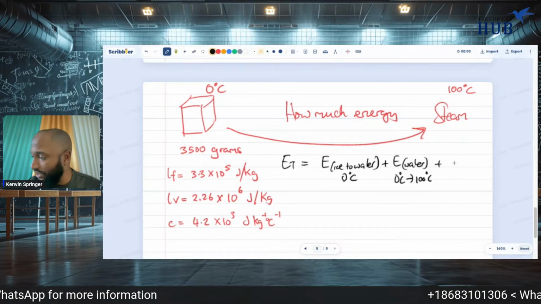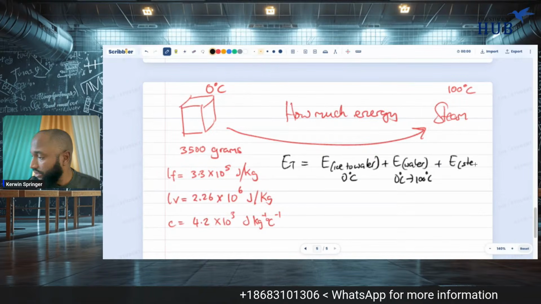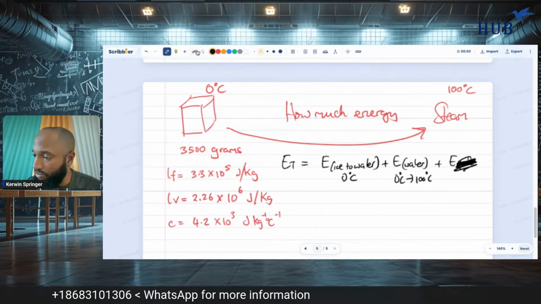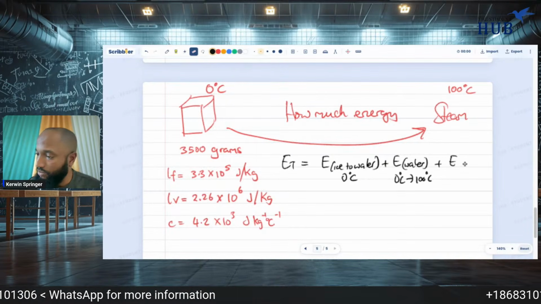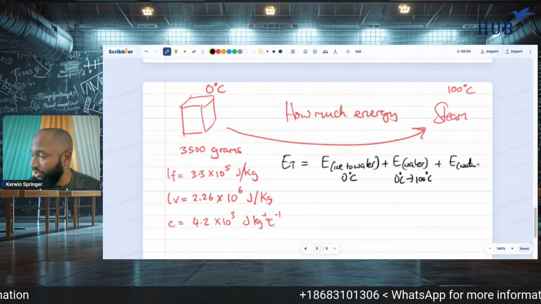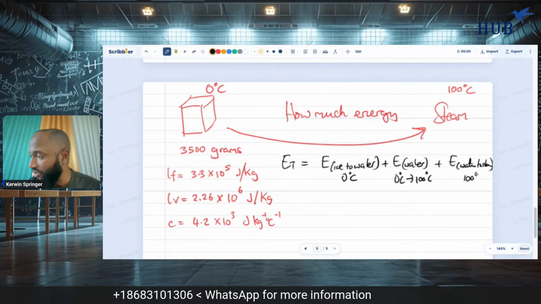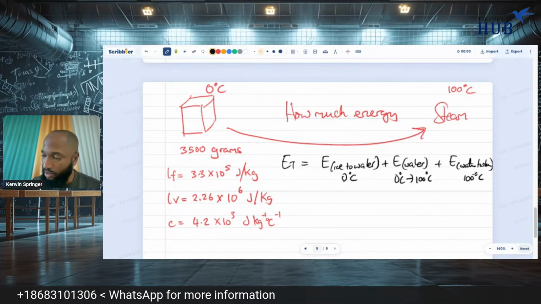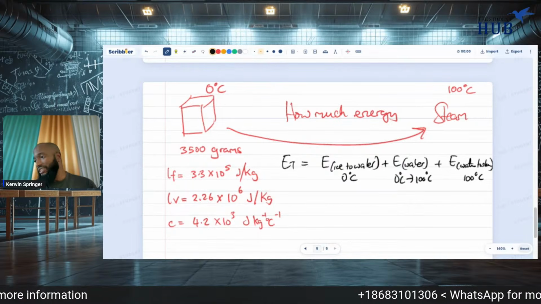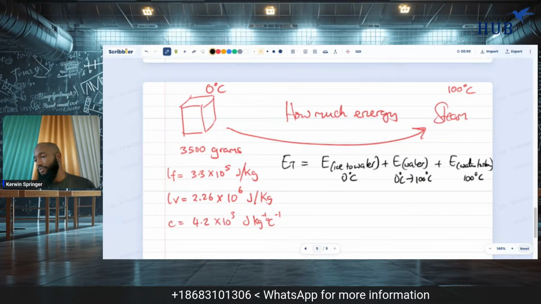Then you have to add the energy to change from water to steam at 100 degrees. Yep, so it's these three. This is usually the worst case scenario for these types of questions, where you have all three involved.